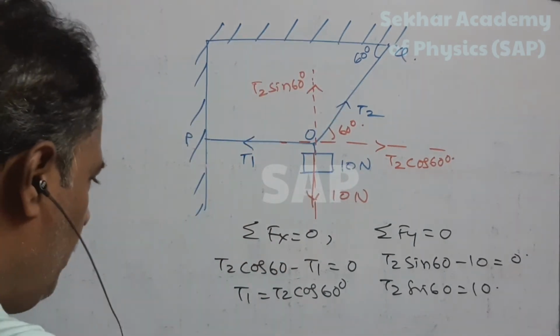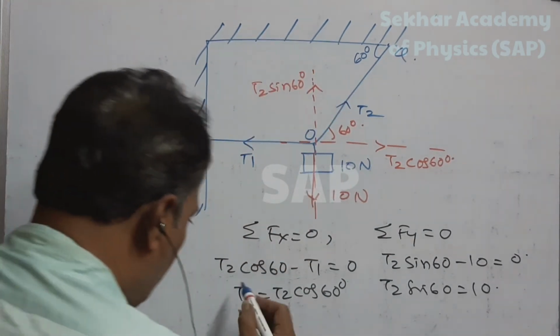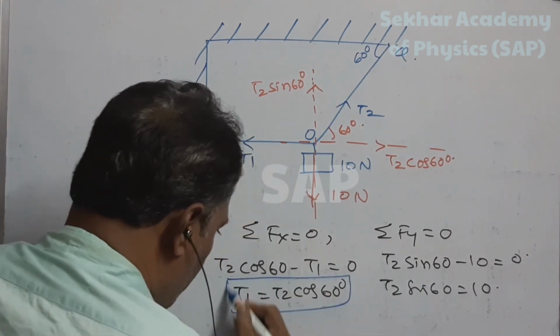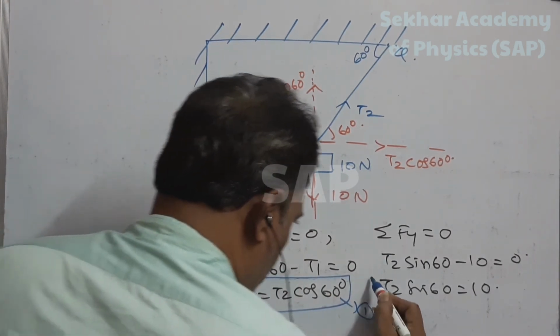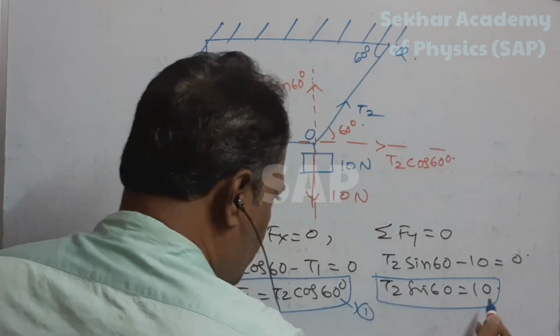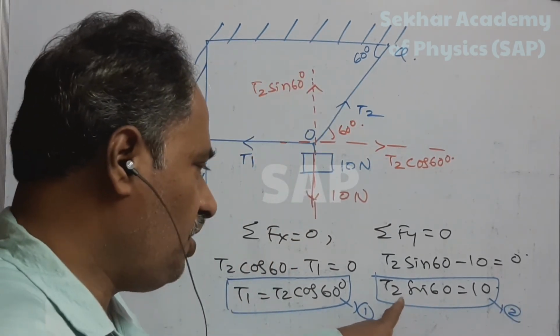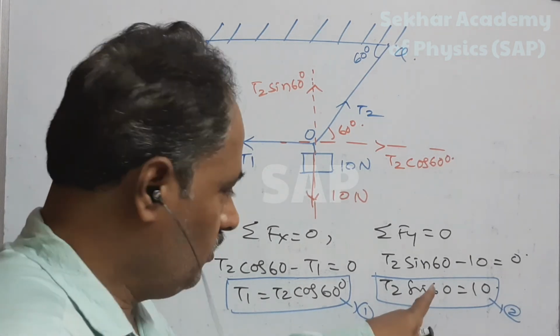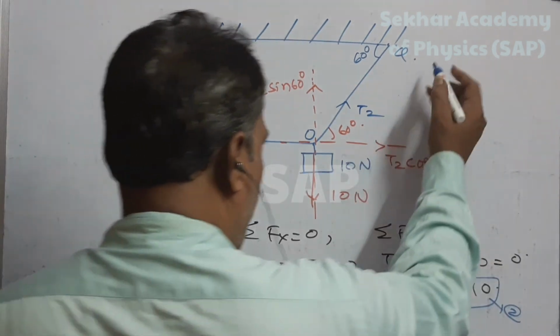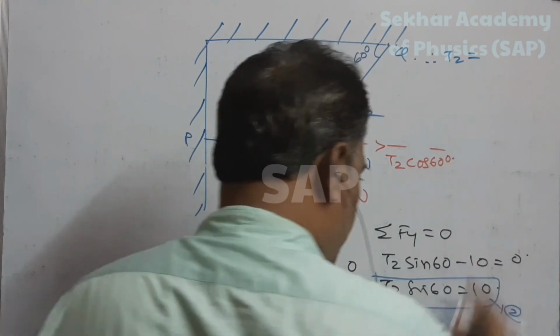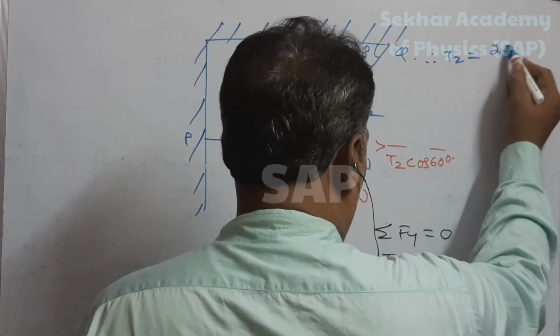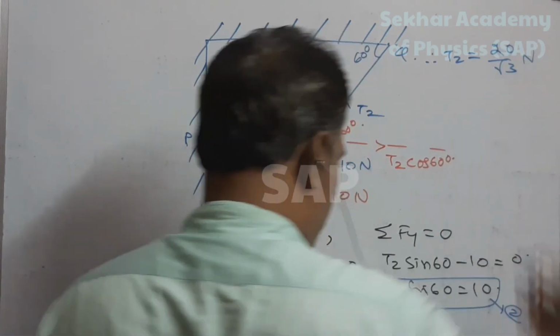For example, T1 equals T2 cos 60 is equation 1, and T2 sin 60 equals 10 is equation 2. From this, T2 sin 60, with sin 60 being root 3 by 2, therefore T2 is 20 by root 3.